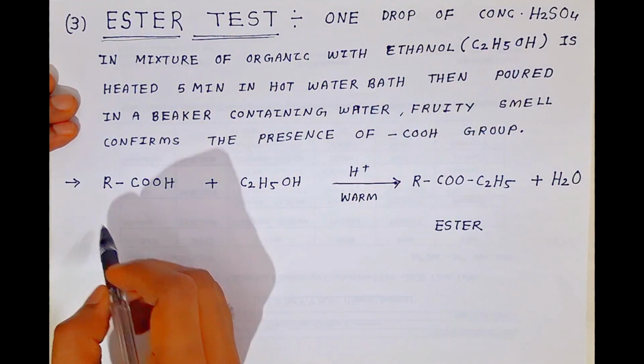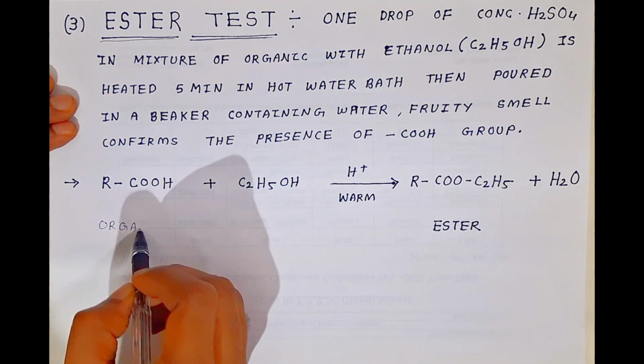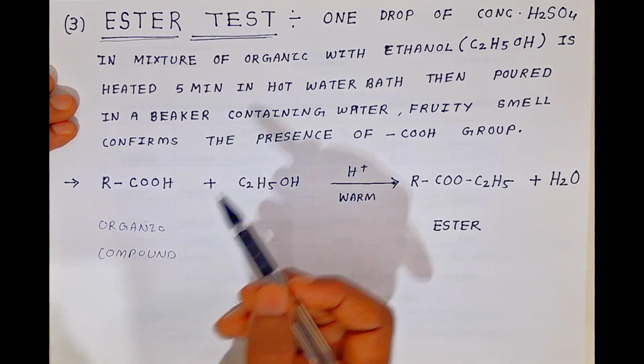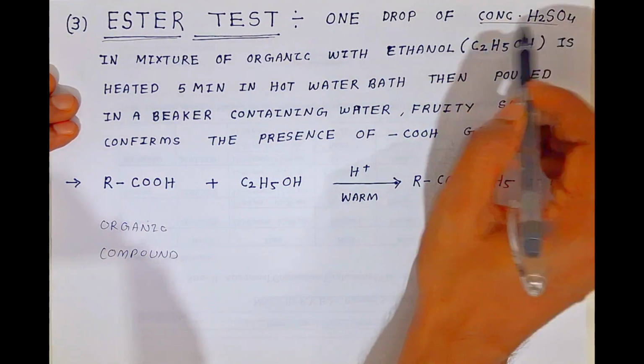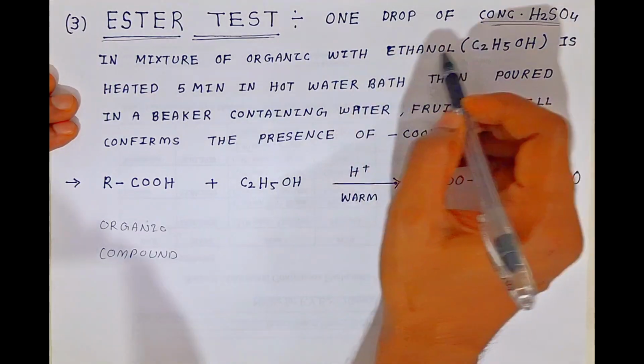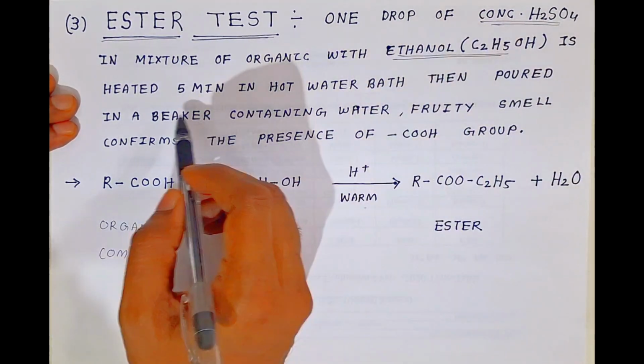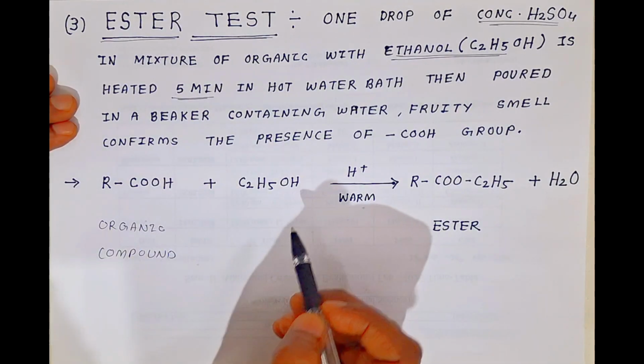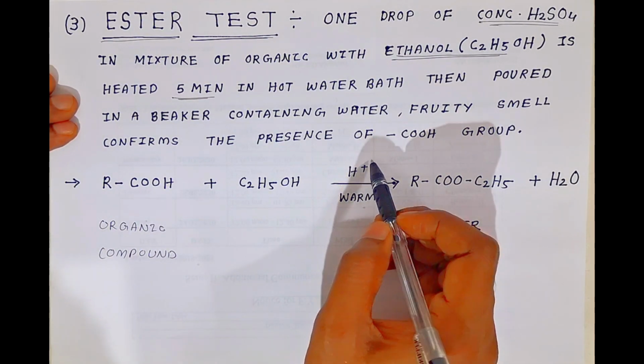So what happens, students? This is the organic compound. An organic compound will be given to you. When one drop of concentrated sulfuric acid and ethanol is heated for 5 minutes in a hot water bath with this organic compound, H plus is nothing but the one drop of sulfuric acid you have to mix.